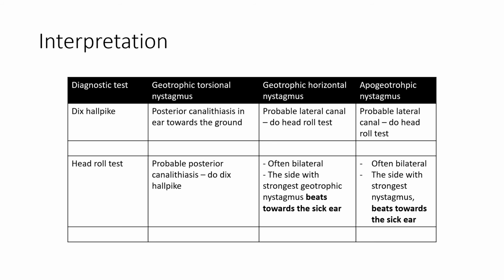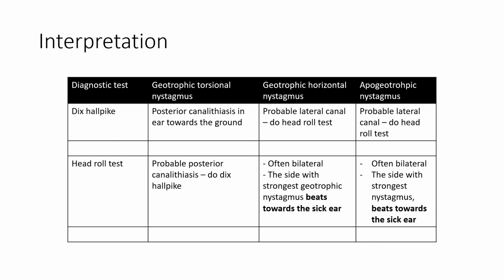So I have my patient lying flat on their back, and I'll turn their head to the right, and I'll see a geotropic nystagmus, meaning a horizontal nystagmus going towards the ground with a fast phase. And when I turn the patient to the left, I might have a slightly less severe nystagmus going towards the left, going towards the ground, which would be left in this case. So here I would say that it's the right ear that is sick, and I will do a maneuver for the right ear at that point.